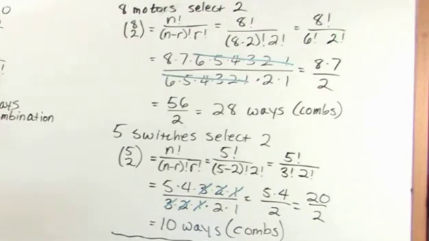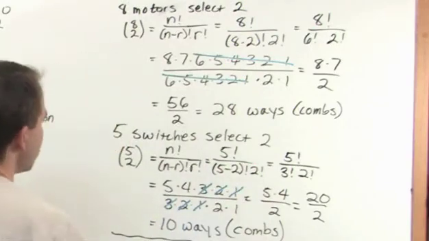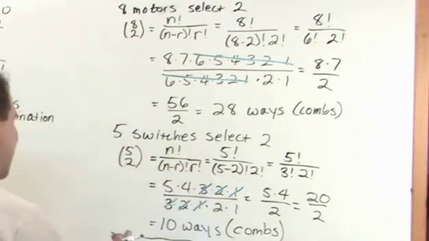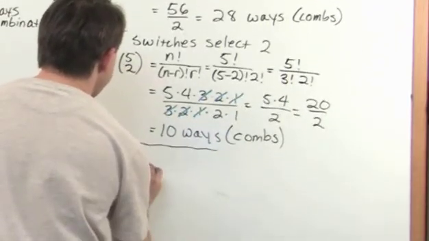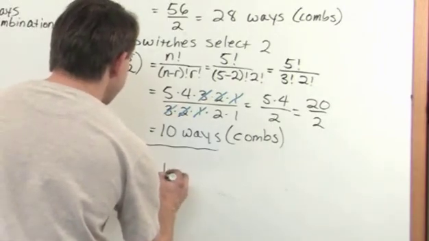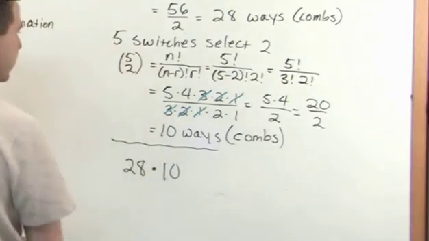Well, you can kind of think of event number 1 as the act of selecting 2 motors, and you can think of event number 2 as the act of selecting the 2 switches. So event 1 can actually happen 28 ways, the act of taking 2 motors. And event number 2 can actually happen 10 ways, the act of picking the 2 switches. Okay? So this is kind of like the fundamental counting principle here.